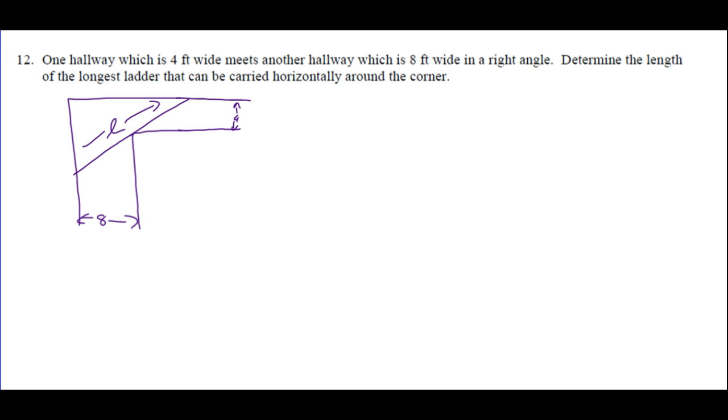So there's L, which will be the length of the ladder, and I've split that up into A and B. Let's call this length here A, and this length here B. So we've got these two lengths, and there's going to be some angle.